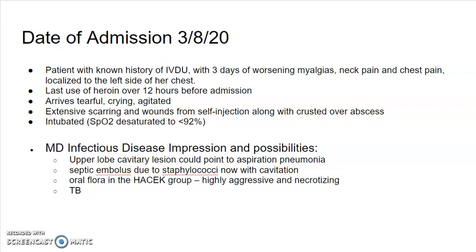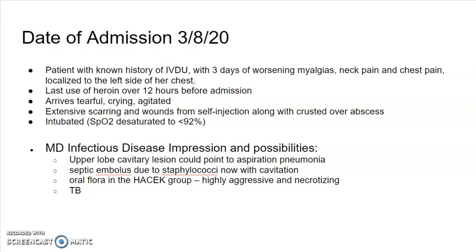The infectious disease physician had some ideas, thinking the upper lobe cavitary lesion could point to aspiration pneumonia. Cavitation is the formation of a cavity, such as in the lung, like in tuberculosis, or with development of a bacterial abscess. Septic embolus due to staphylococci, now with cavitation.